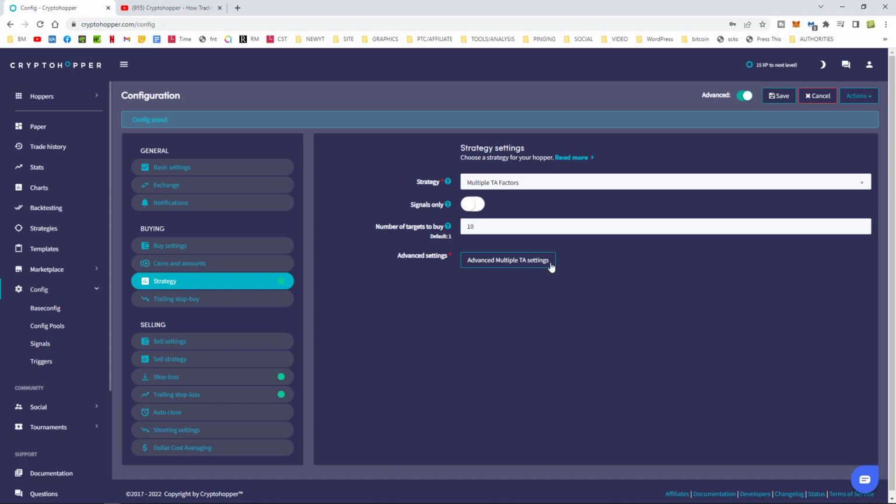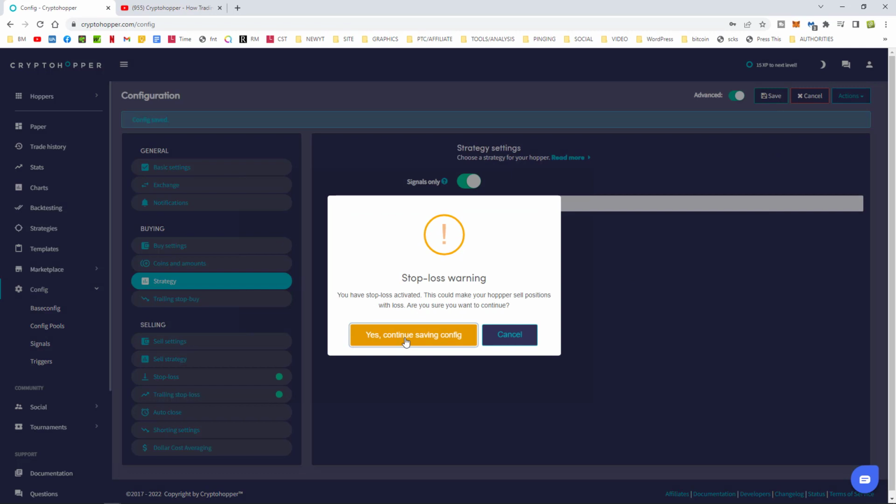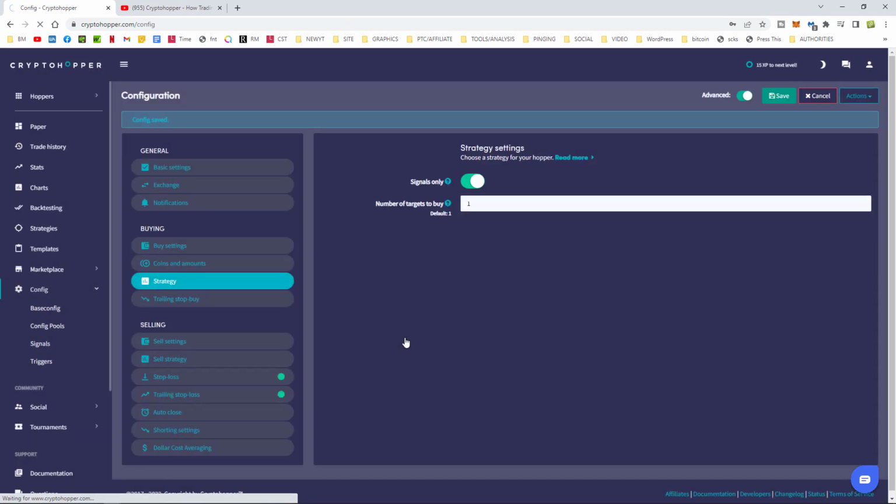Ah, yeah, that's it. I remember. It's the signals only. Signals meaning Tradingview or whatever other app to send signals to the bot. Number of targets to buy. Well, I don't think that makes a difference. Okay. Save that.